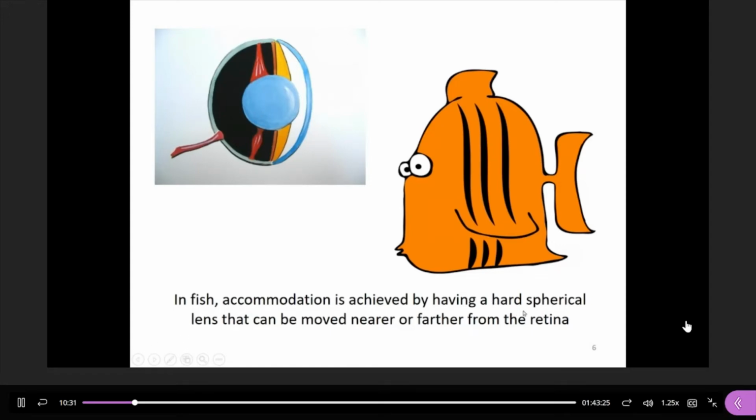When it is hard, the shape cannot be changed easily. So instead of changing the lens thickness, what they can do is change the position of the lens, nearer to or further from the retina, and that would change the power of the crystalline lens as well.